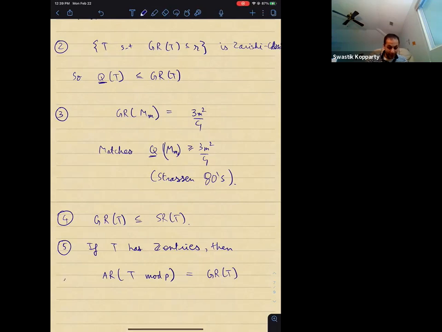What would have been almost amazing would have been the limit as P approaches infinity of the analytic rank of T mod P equals the geometric rank of T. That would also have been pretty amazing.